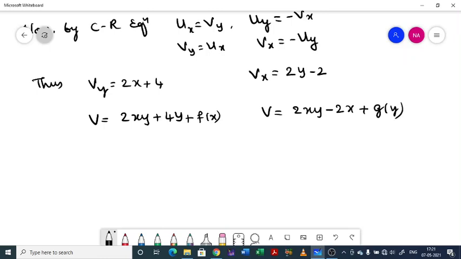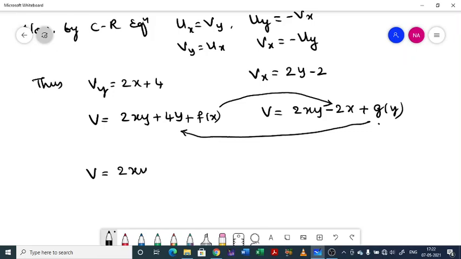So g of y denotes a function that contains only y, or a function not containing x. Similarly, f of x denotes a function only in the variable x. So you can take f of x to be minus 2x and g of y to be 4y. So v equal to 2xy plus 4y minus 2x.